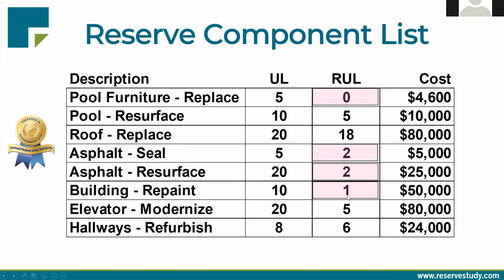And the building repaint fund will need to have $50,000 by next year. Getting enough cash into the reserves for these 4 individual funds while still funding for all the others will require some high reserve contributions in the short term.